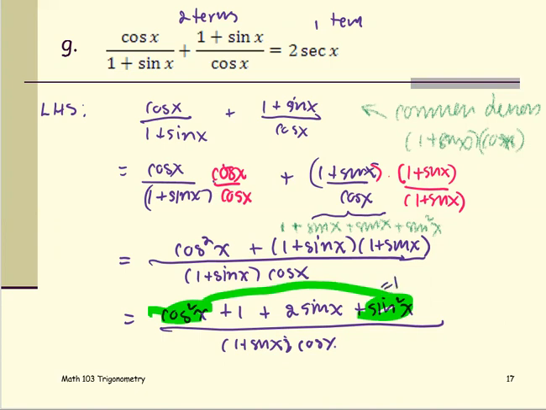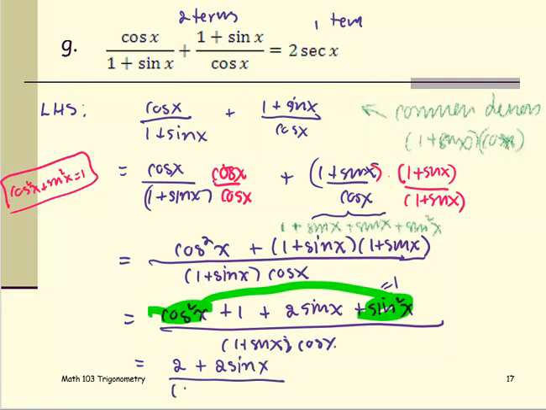So I'm going to put a note on the side here: cosine square x plus sine square x equals 1. That's one of the identities that we're going to use. Now the numerator becomes 1 plus 1, which is 2, so 2 plus 2 times sine x, all divided by the quantity 1 plus sine x multiplied by cosine x.